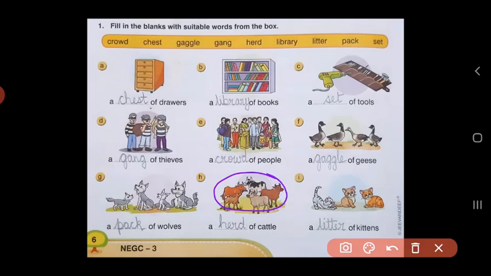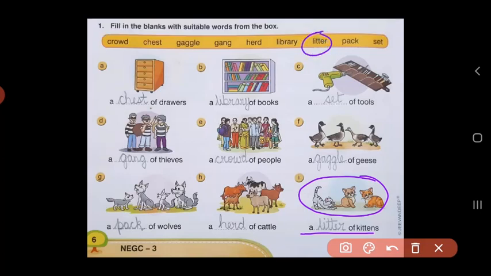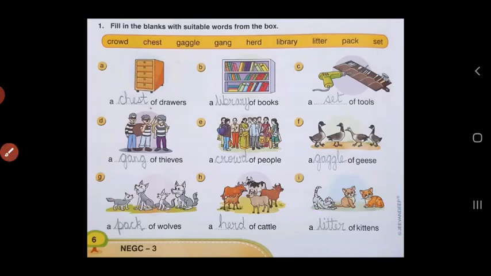When cattle are in a group, it is called a herd of cattle. And the last one, kittens. When you have kittens that are born together, we call it a litter of kittens. So children, these are some of the collective nouns that you need to remember.